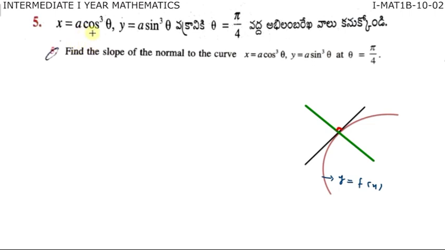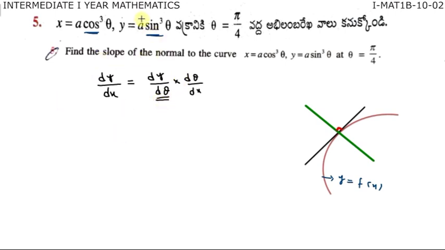So here x is a function of theta and y is also a function of theta. Then using the chain rule, we know the formula dy by dx is equal to dy by d theta into d theta by dx. This is the chain rule. So first, find dy by d theta.